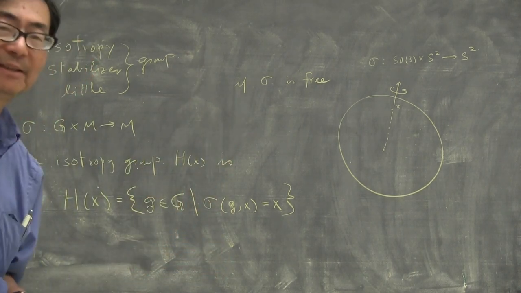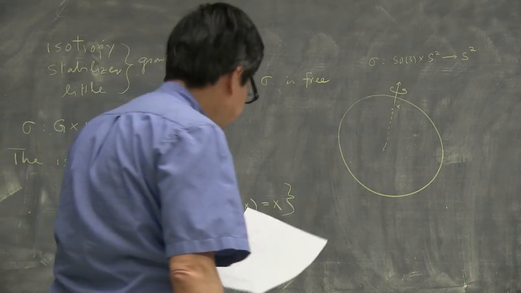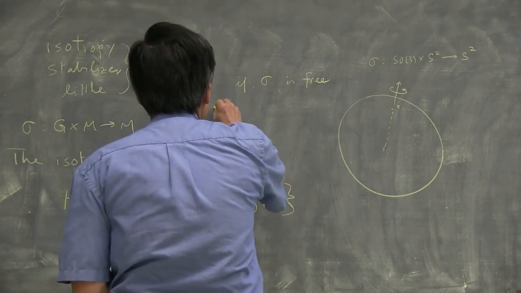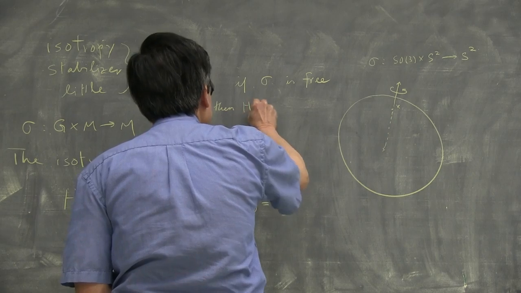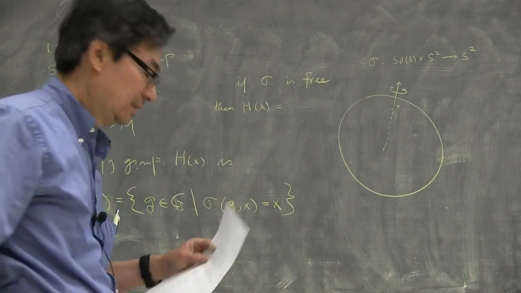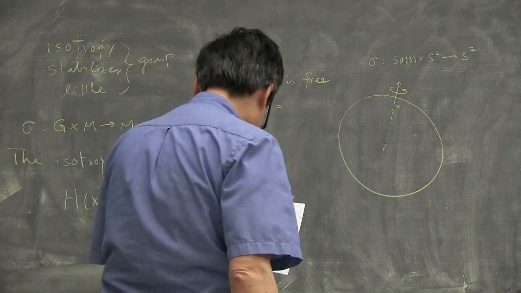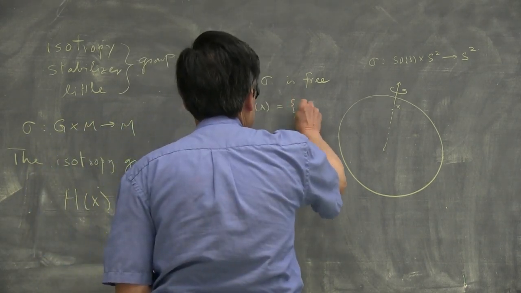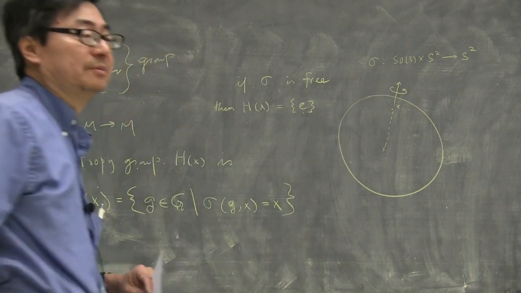Too bad I just erased that. You have your notes and you can refer to it. Then it's necessarily true that any isotropy group must be just a group of one element, and that element is the identity in the group. Okay?